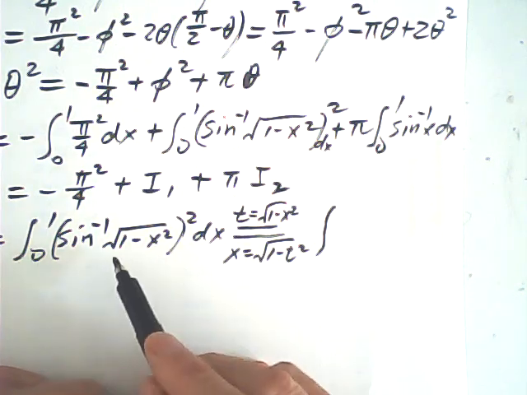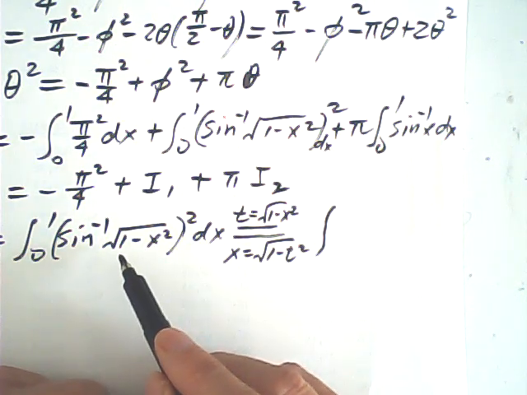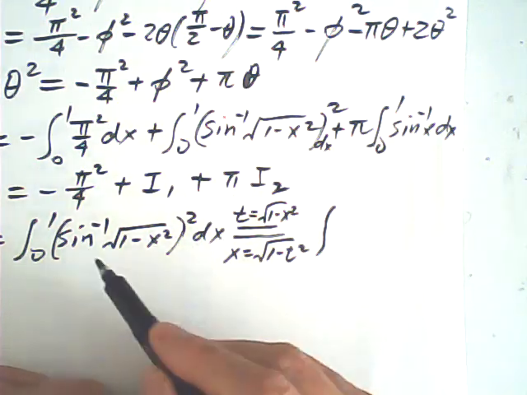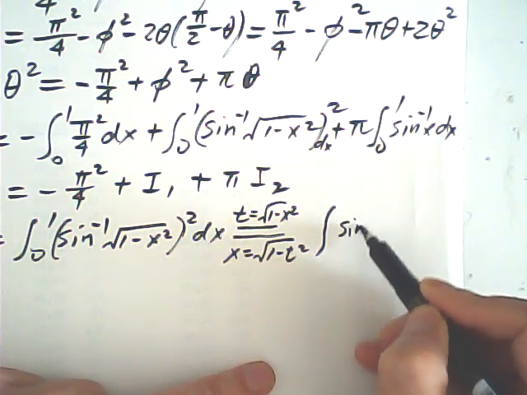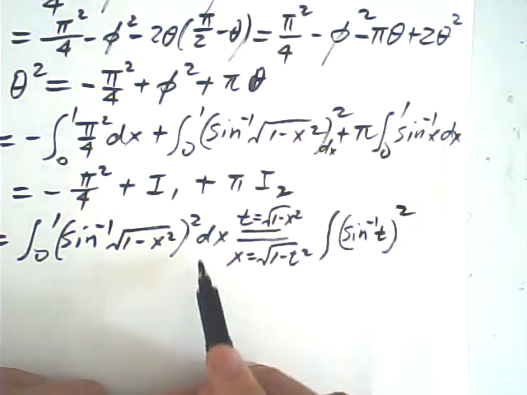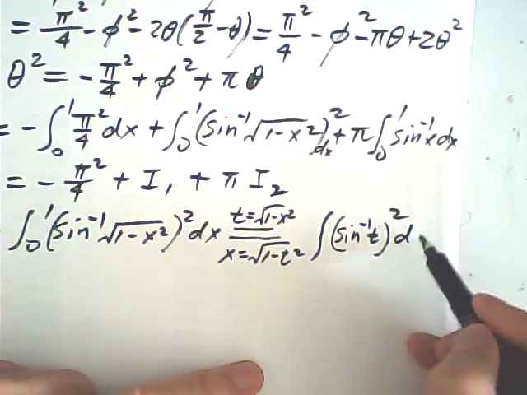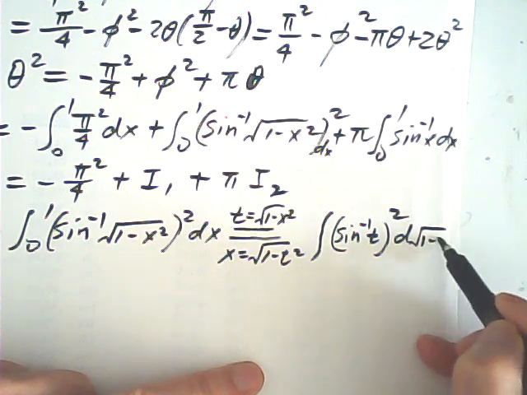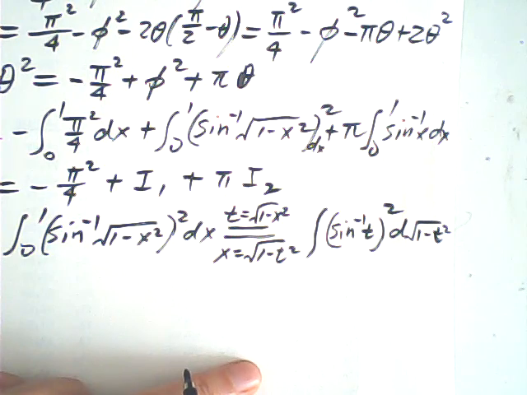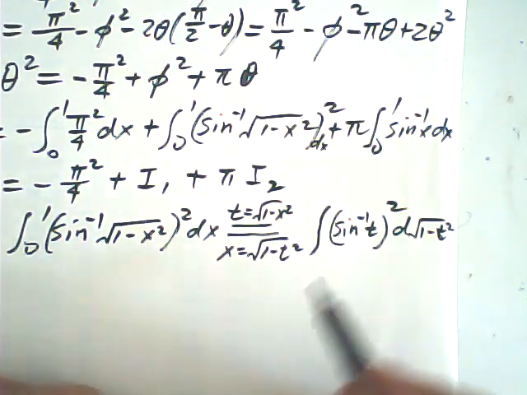And then this will be arcsine t squared, right? And dx will be d of this.